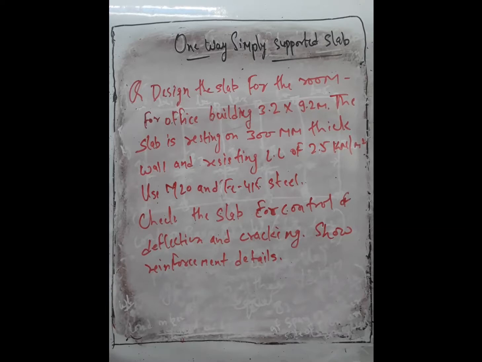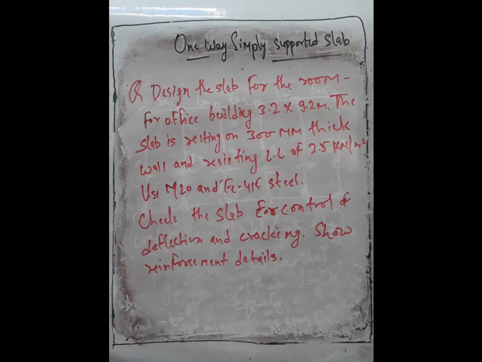Design the slab for the room for an office building 3.2 into 9.2 meter. The slab is resting on 300 mm thick wall and resisting a live load of 2.5 kilonewton per meter square. Use M20 and Fe415 steel. Check the slab for control of deflection and cracking.